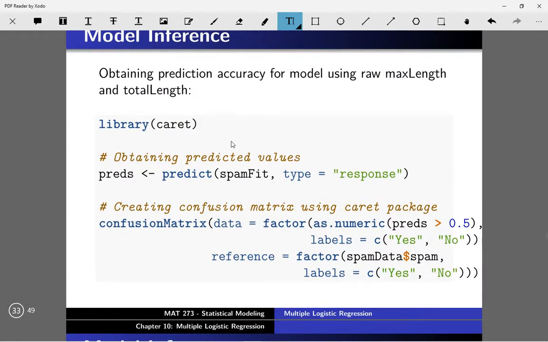So using this fitted logistic model here, we can look at how well it does, if we apply it and get the predicted values for our whole data set, whether an email is spam or not, in predicting values for the data set that it was fit on. So ideally very well, but not necessarily perfect, and that's okay.